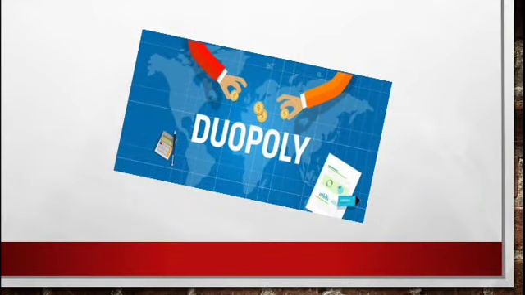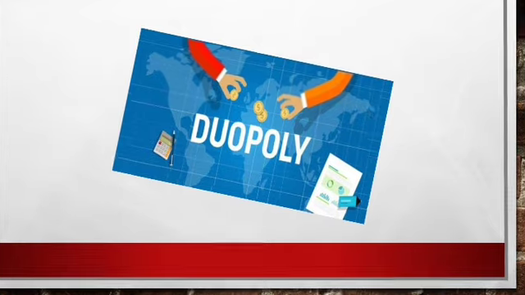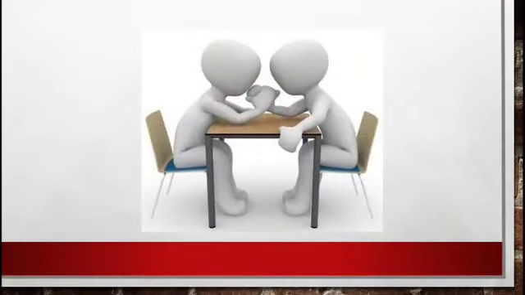Next we can learn about what is a duopoly. A duopoly is a situation where two companies together own all or nearly all of the market for a given product or service. A duopoly is the most basic form of oligopoly, a market dominated by a smaller number of companies.